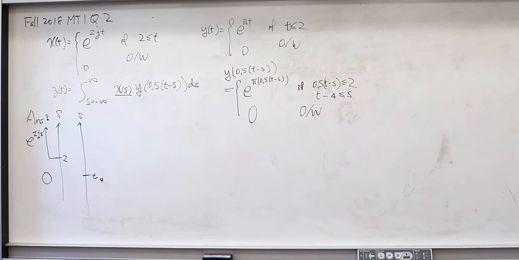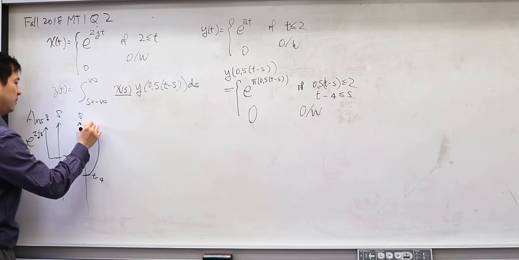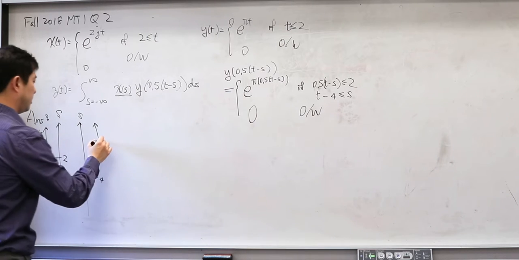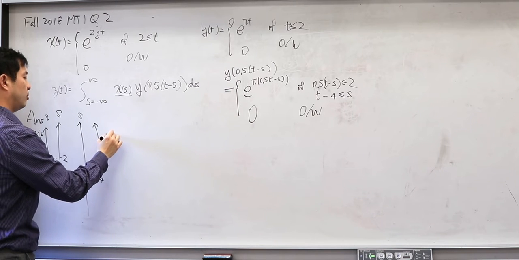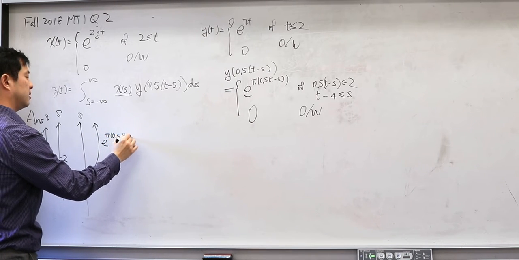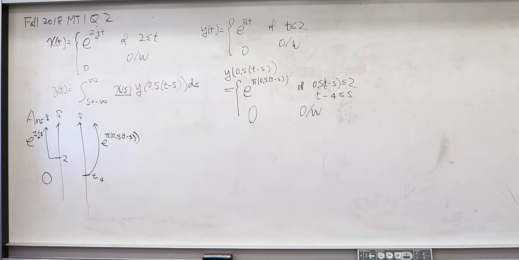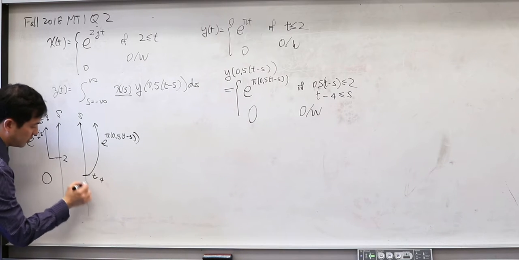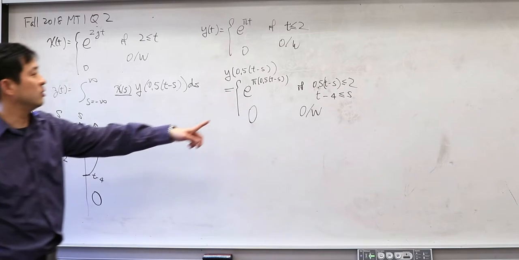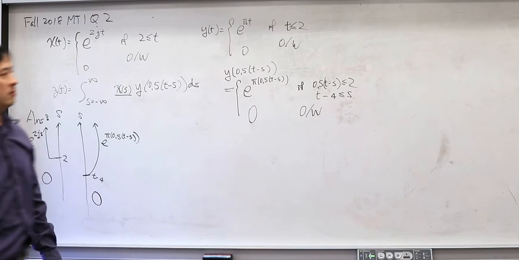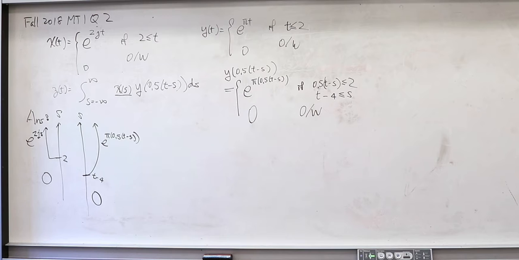Whenever s is larger than t minus 4, this part gives you pi times (0.5t minus s), and the other part gives me 0. That's following this equation. It has to be that t minus 4 is less than s.